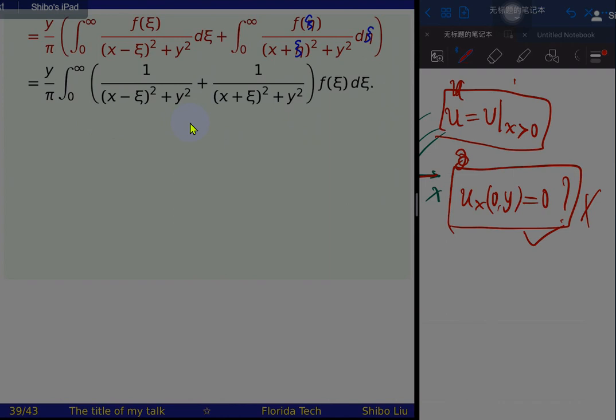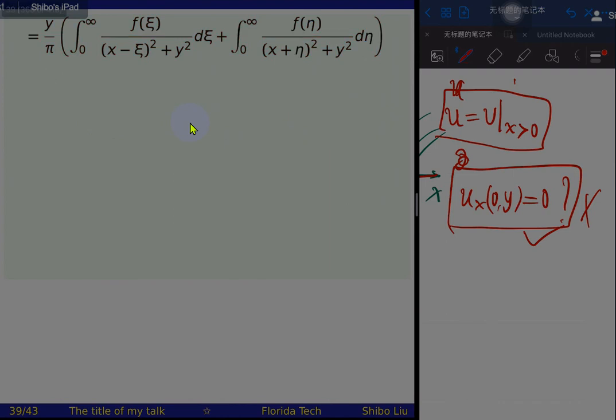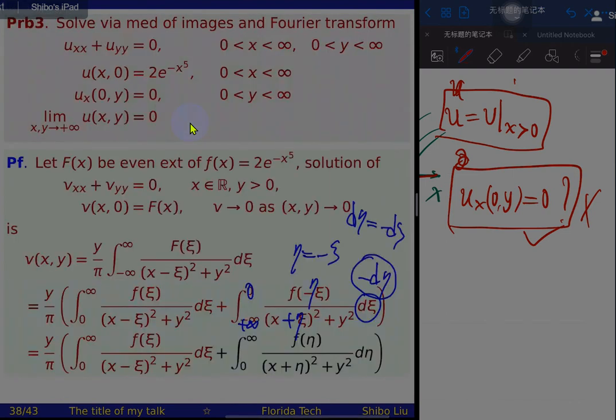Now, as we did for this kind of problem, we need to compute v_x(0, y). If this is 0, then u_x(0, y) is 0. Therefore, the restriction of v for positive x, that is u, is the solution of our problem.